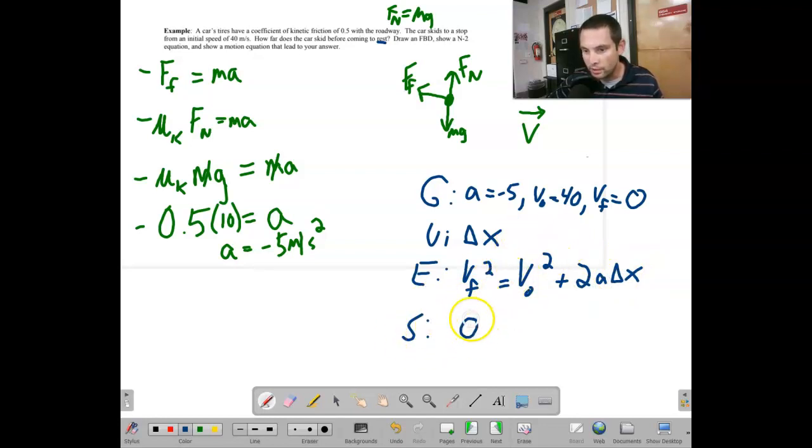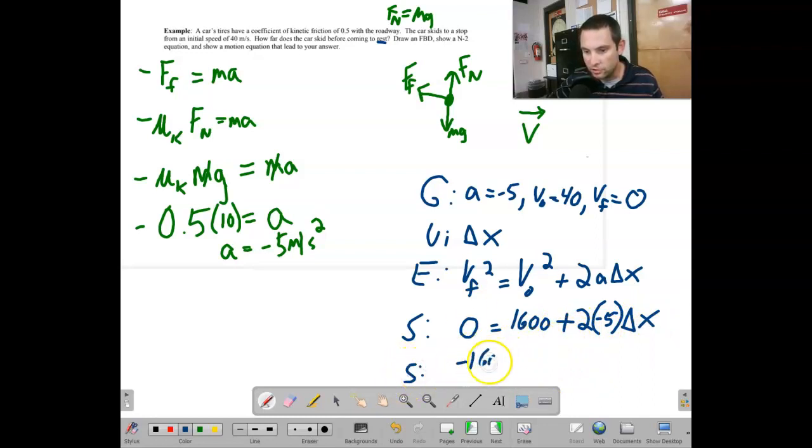Now we'll substitute it in. Final velocity squared, 0 times 0. Initial velocity squared, 40 times 40 is 1600. Plus 2 times -5 times delta x. And then let's go ahead and solve it.